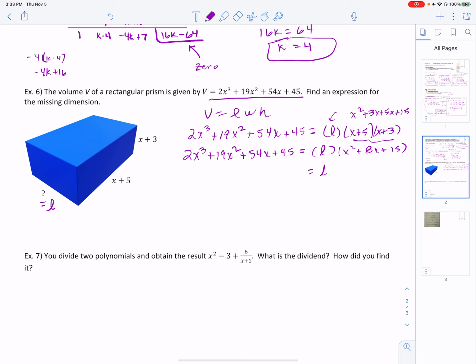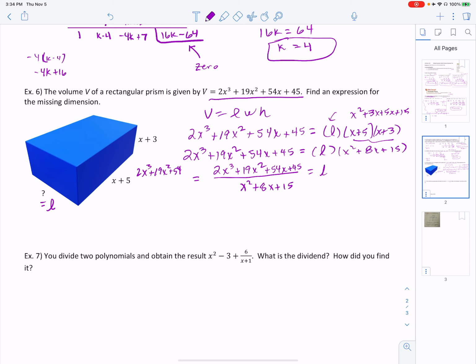And so that length is going to be what I get when I take 2x cubed plus 19x squared plus 54x plus 45 and divide it by x squared plus 8x plus 15. Now, that x squared plus 8x plus 15, remember that came from the factored form of x plus 5 times x plus 3. So there's actually going to be a little faster way to do this. I'm going to go back and leave it factored.